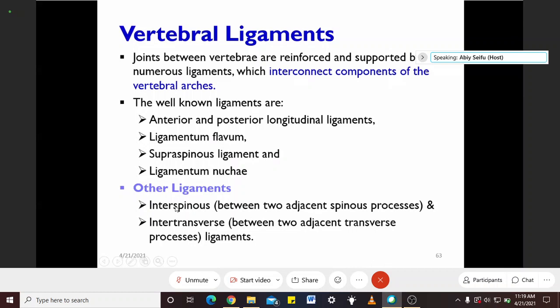And the other ligaments are the interspinous ligament and the intertransverse ligament. As the name tells, the interspinous ligament is found in between two consecutive or adjacent spinous processes along their length.